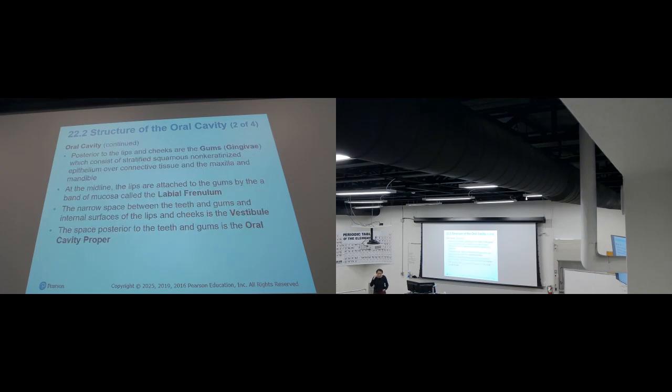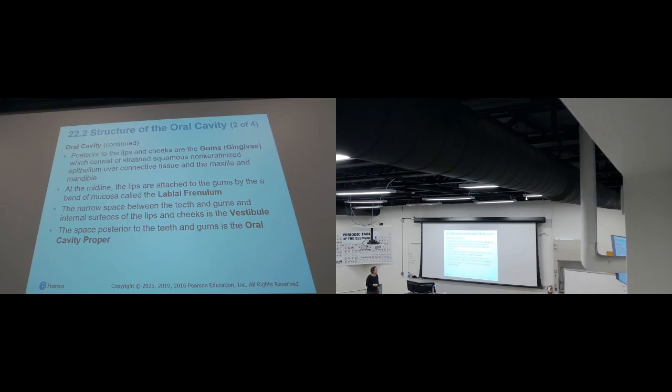And the muscles of the tongue are extrinsic and intrinsic. So the intrinsic muscles help to give that shape to our tongue, and the extrinsic muscles, which help us to move our tongue, connect to different bones, including the hyoid bone and the temporal bone.